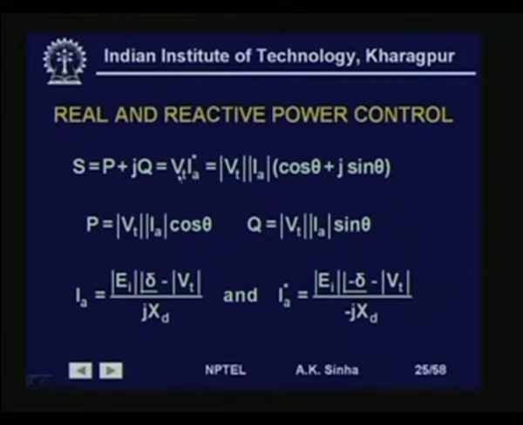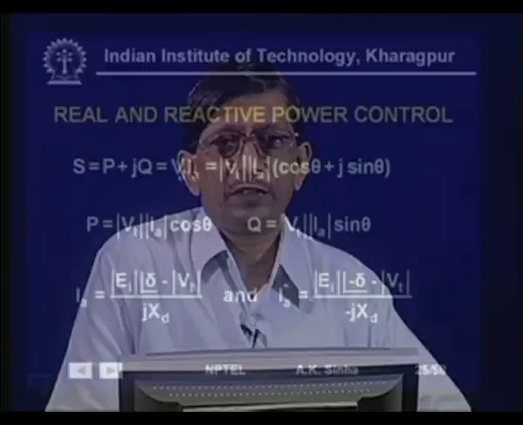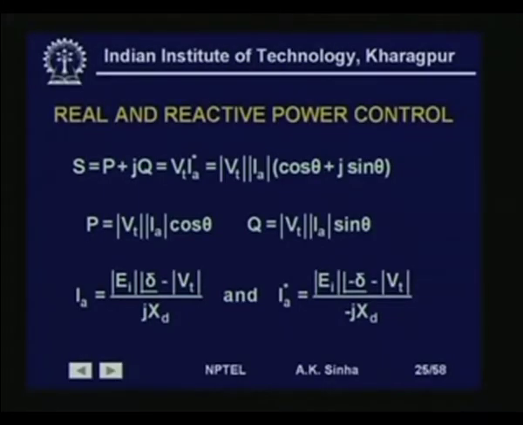We are talking of a single phase. If we are talking of 3-phase machines, then we will have to multiply the power by 3, or here V T is the phase voltage, not the line voltage. So, V T into I A conjugate, which we are writing as V T into I A (cos theta plus j sin theta).